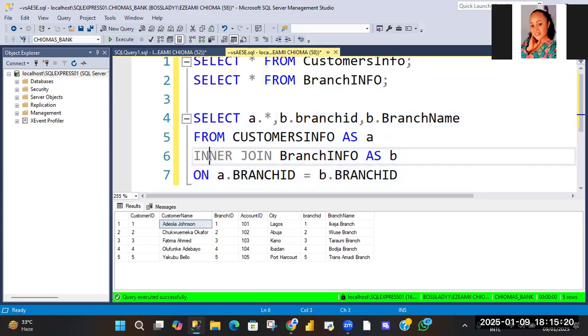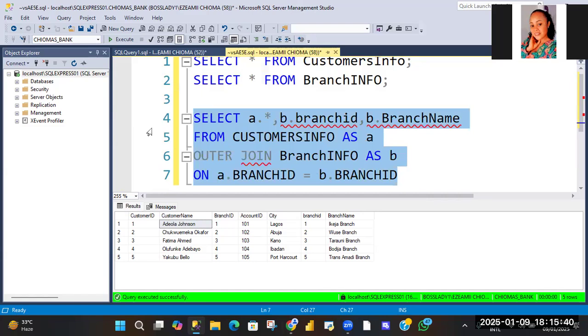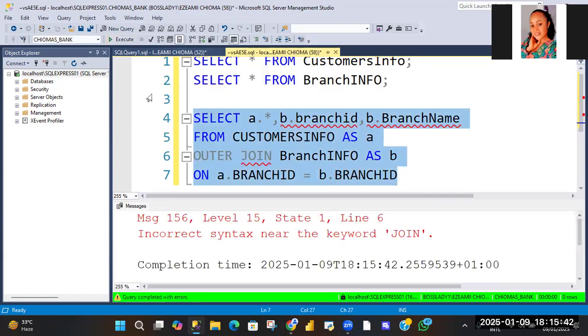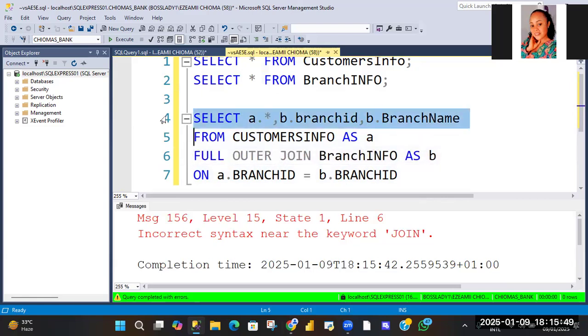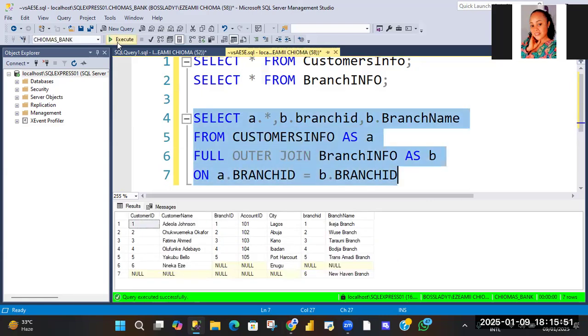So then we have the next join, which is the outer join, all right? Full outer join. We talked about full outer join initially, right?